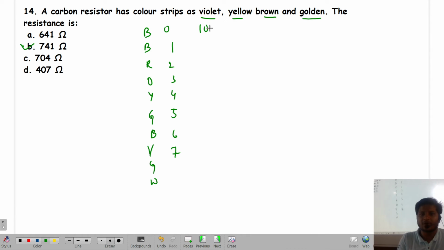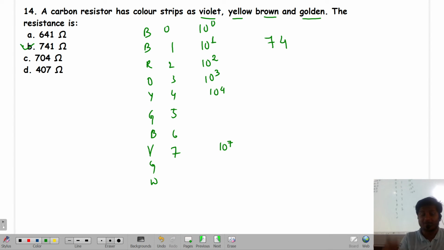So it is 10 to the power of 0, this is 10 to the power of 1, then 10 to the power of 2, 10 to the power of 3, 10 to the power of 4. Correct or not? So I was doing it correctly. Violet is 7, then yellow is 4.